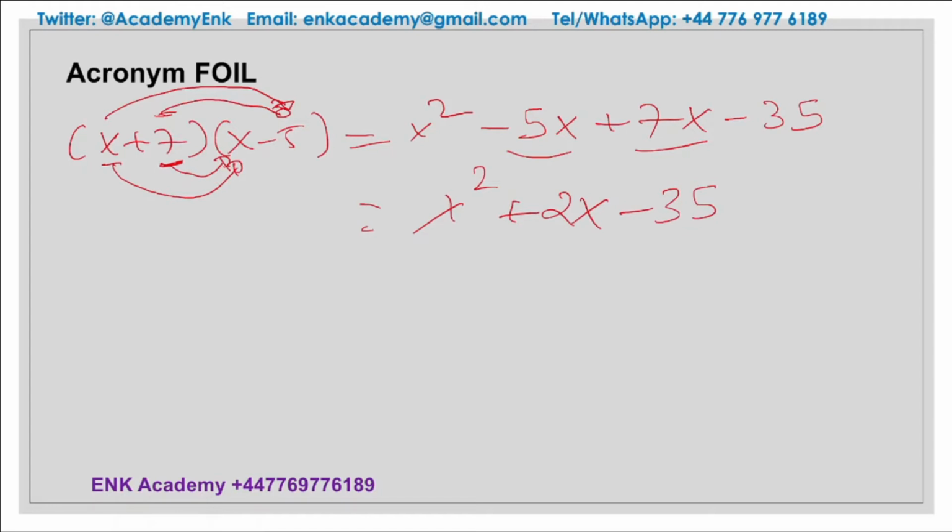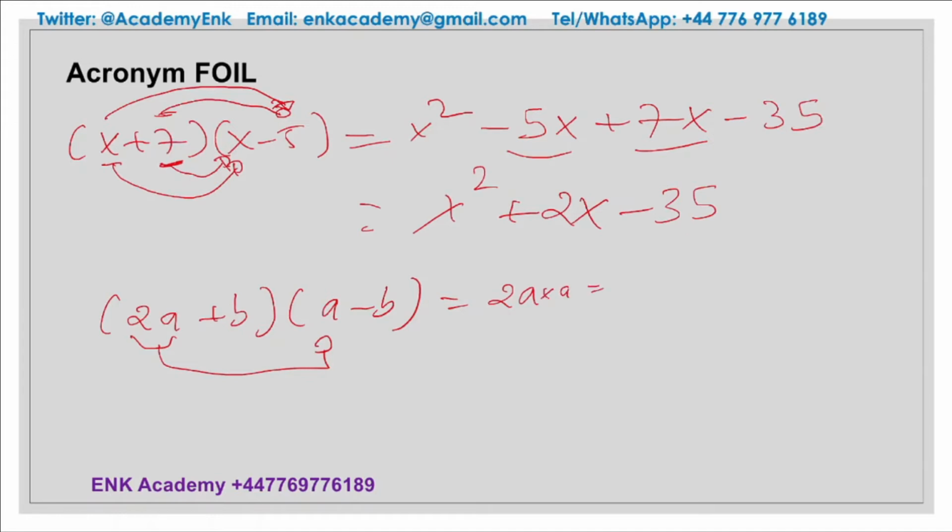We can also have another one, 2a plus b, and then a minus b. What we get, the first one is 2a times a, and this is 2a squared.